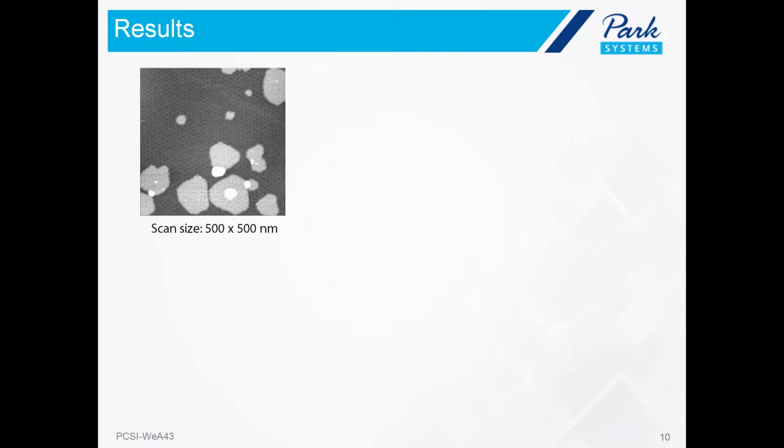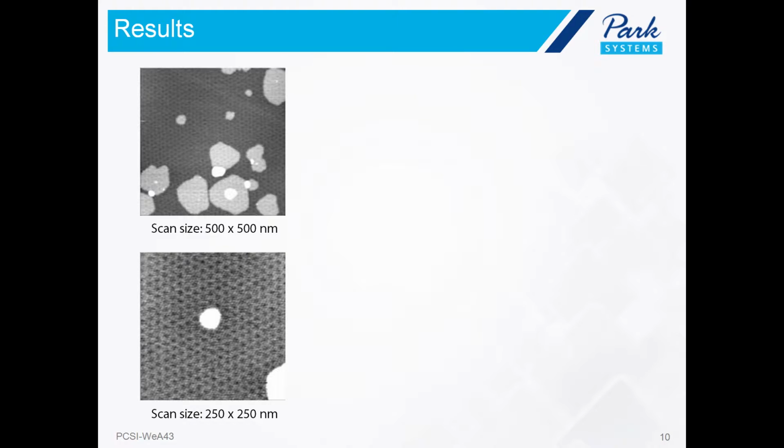And again, we blew up the magnification here. This time we're looking at a quarter by quarter micron. And you'll notice that here in the lower left corner, we looked at a feature of high contrast that was originally in the upper left corner of the previous scan.